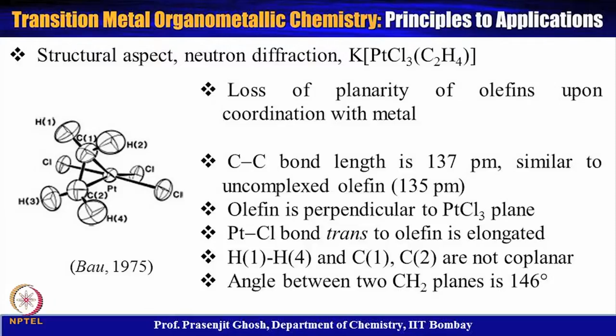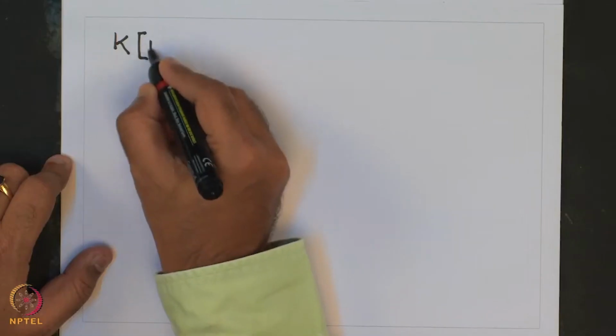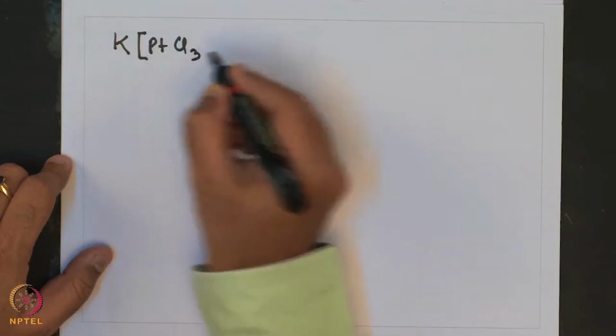To begin with, let us take a look at Zeise's salt, which is KPtCl3 C2H4.